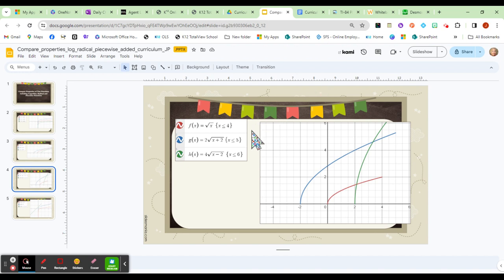So if you'll notice on this red graph, let me grab my pen. On my red graph, this is the piece where x is less than or equal to 4. So you have a closed circle here because that's what a square root does. And then it doesn't go on forever. It's actually just a piece of that. On your blue graph, we only want the piece where x is less than or equal to 5.